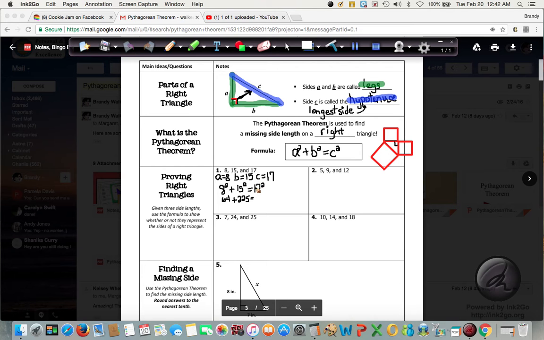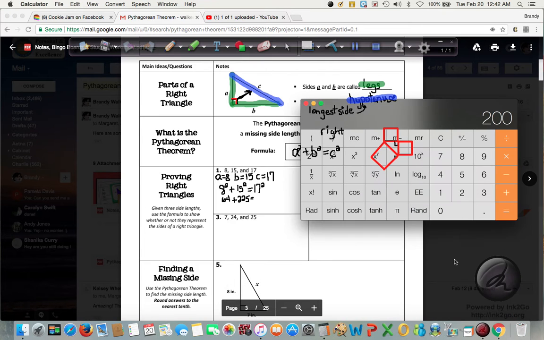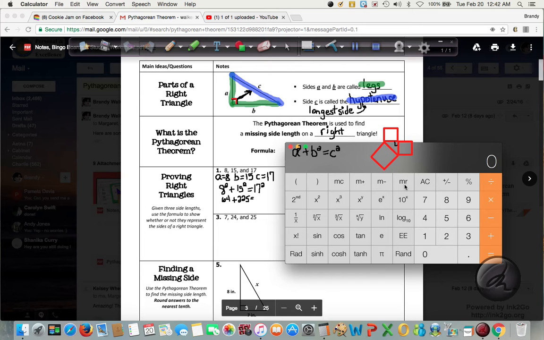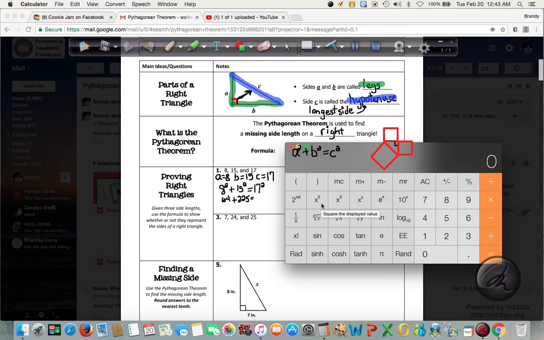If you don't have these squares memorized, that's okay. For example, I'm not 100% sure what 17 squared is, so grab your calculator. Above your 8 key, you will see an x squared key. That's what you use to find out a square. You also have y to the x, which is above your division key.